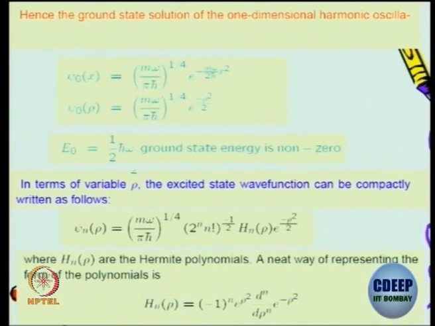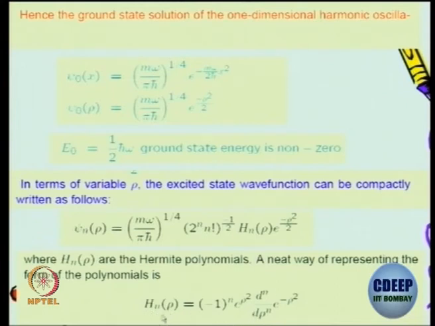So, there is a neat formula which is called the Rodrigues formula. I don't know whether you have seen it in your math course. If you have not seen it, there is no need to memorize Hn of rho, but you could do this systematically by working out the nth derivative operator on e to the minus rho squared. So, for n equal to 0, this derivative operator is not there, you get directly 1.